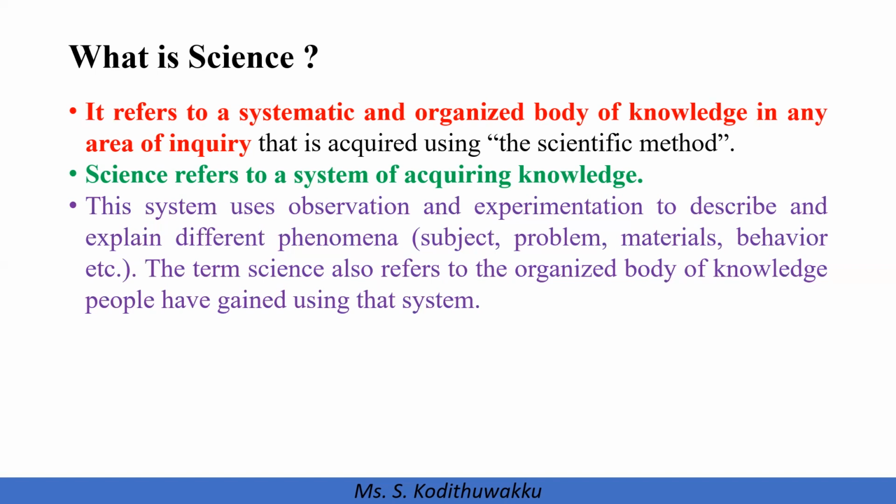If you identify a problem or subject or material or behavior, then definitely you have to observe the particular problem or behavior, and you have to conduct a lot of experiments to identify the nature of the particular problem or behavior, right? Therefore, the term science also refers to the organized body of knowledge people have gained using this system.